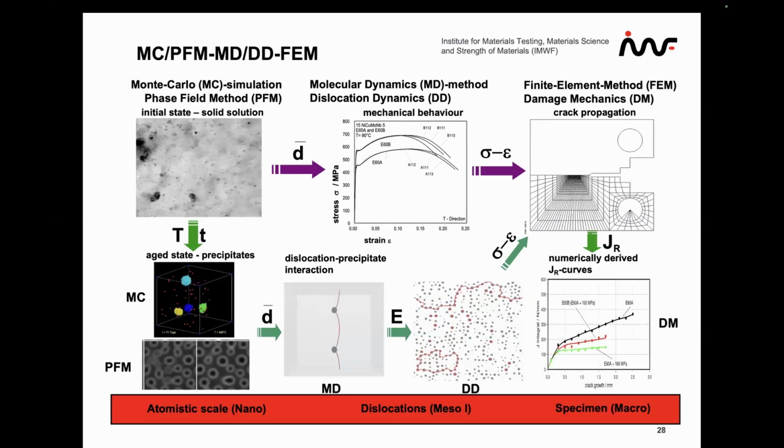And by that, you can, of course, also simulate worst case scenarios and come to the situations where the J integral has its lowest value.